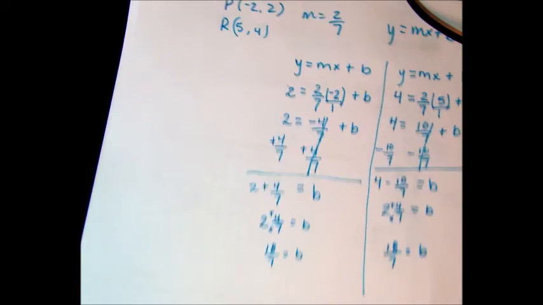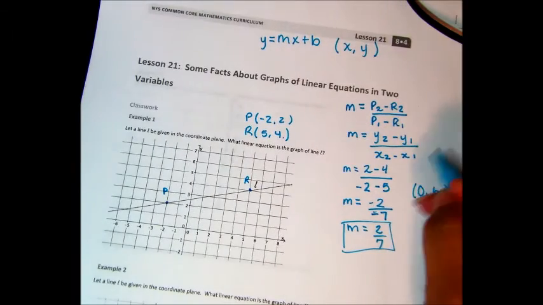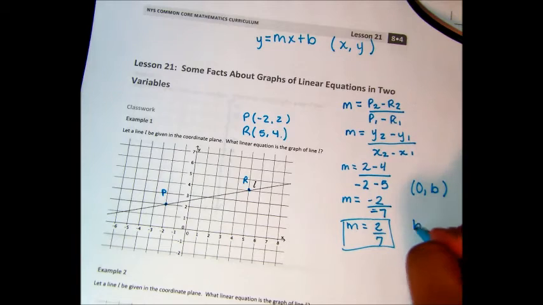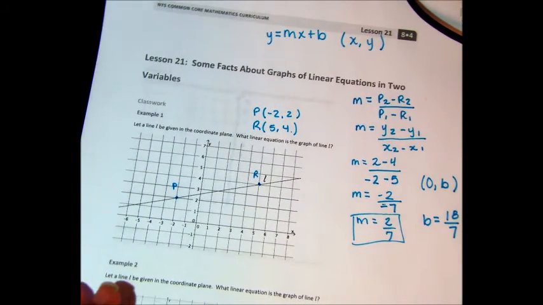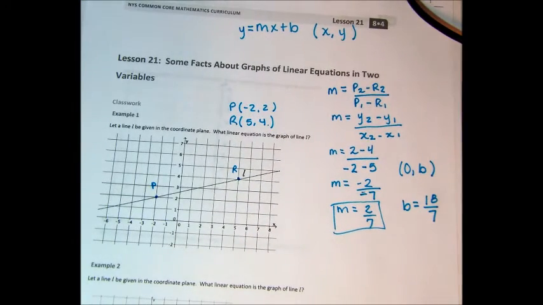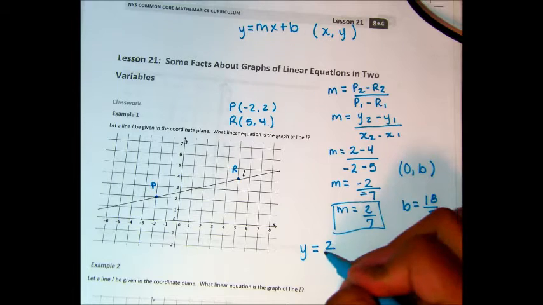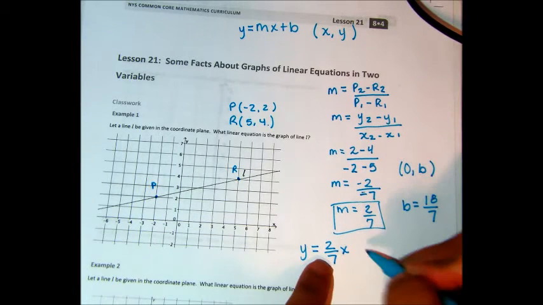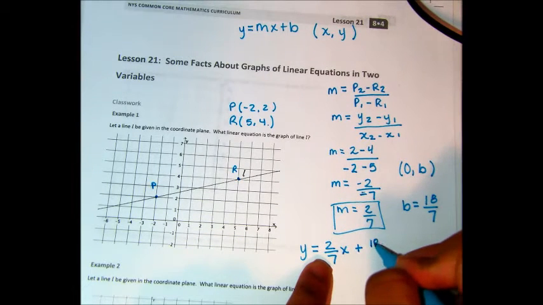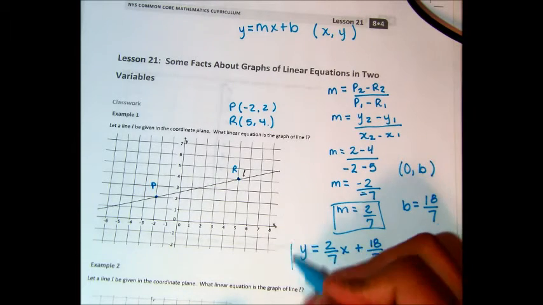So going back to the original equation, now we know that b equals 18 over 7. What's the linear equation of this line? This line's equation is y equals 2 over 7x plus 18 over 7.